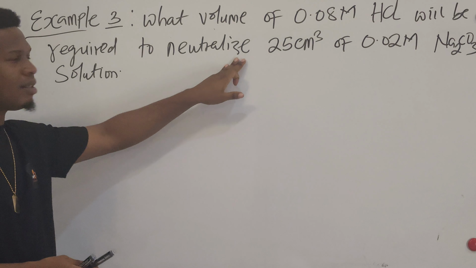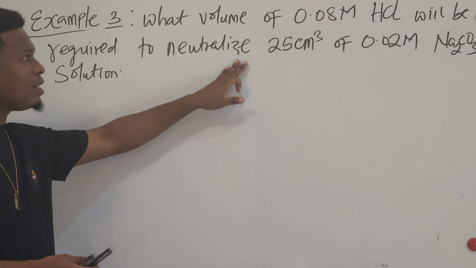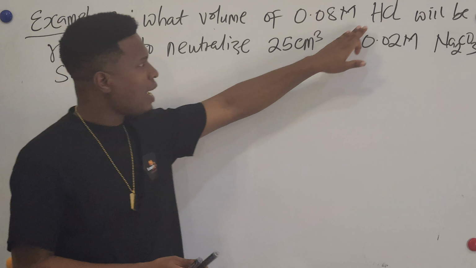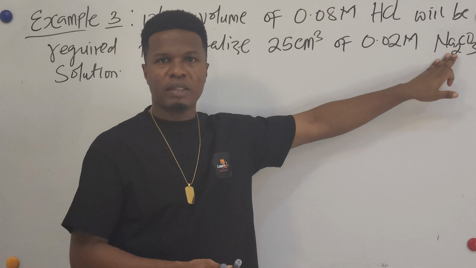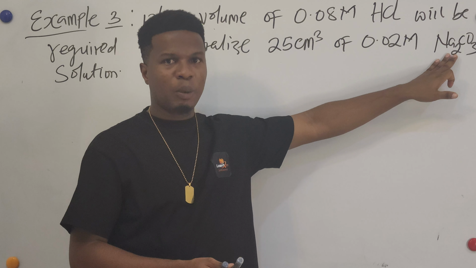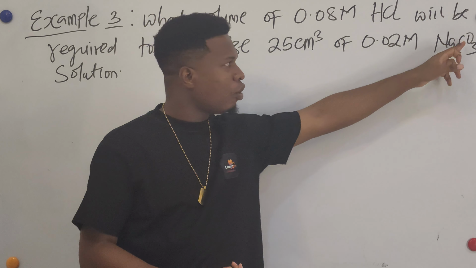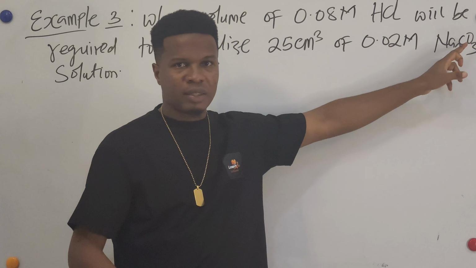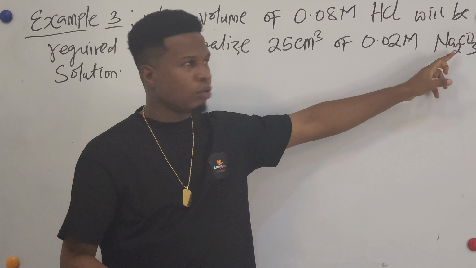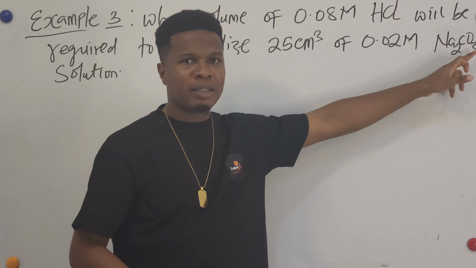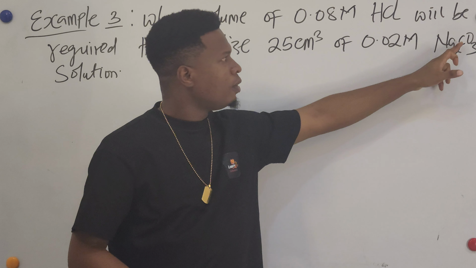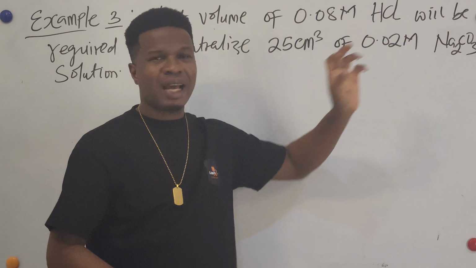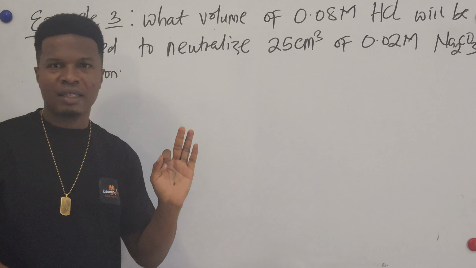The reaction definitely involves an acid and a carbonate, right? Carbonates are those compounds that always end with CO3. We have bicarbonates too, but this is a trioxocarbonate. Whenever this compound reacts with an acid, it forms three things.